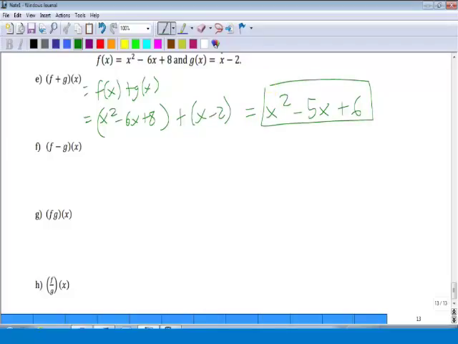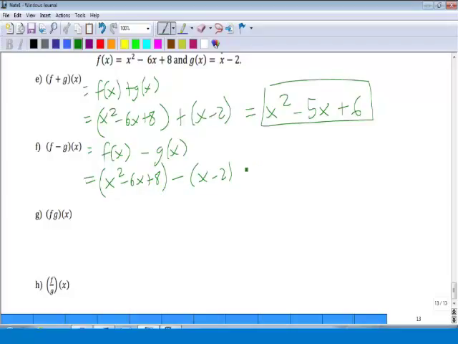F minus g of x, that's going to be f of x minus g of x. So you take the x squared minus 6x plus 8 and subtract x minus 2. The parentheses are kind of a big deal for the x minus 2 at least, because if we're subtracting x minus 2, that's equivalent to adding negative x plus 2.